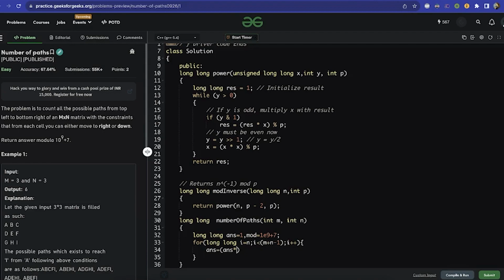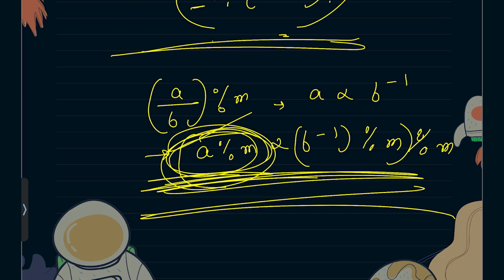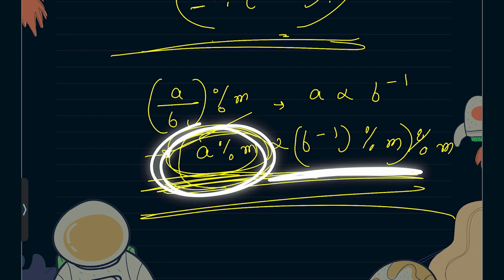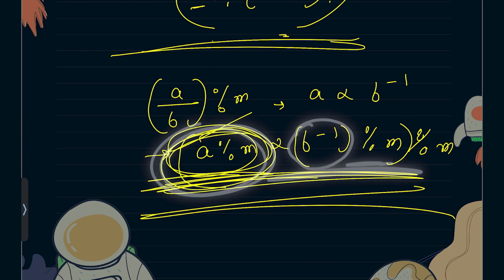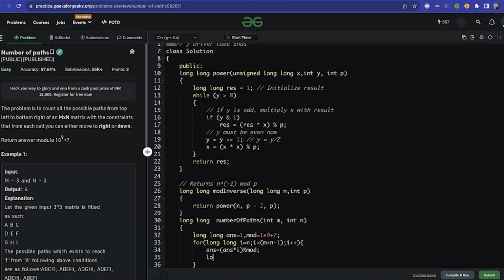So at each point we would be multiplying the value of i, and we would just keep it modulo. Okay, after this we would find the inverse and implement the rest. This thing is done, this is left, so we would first find the inverse and do the same thing.